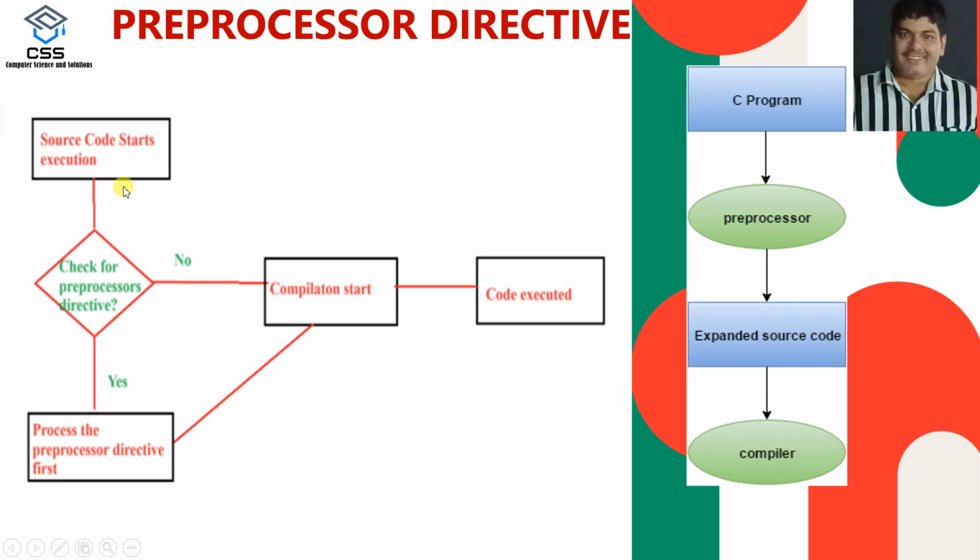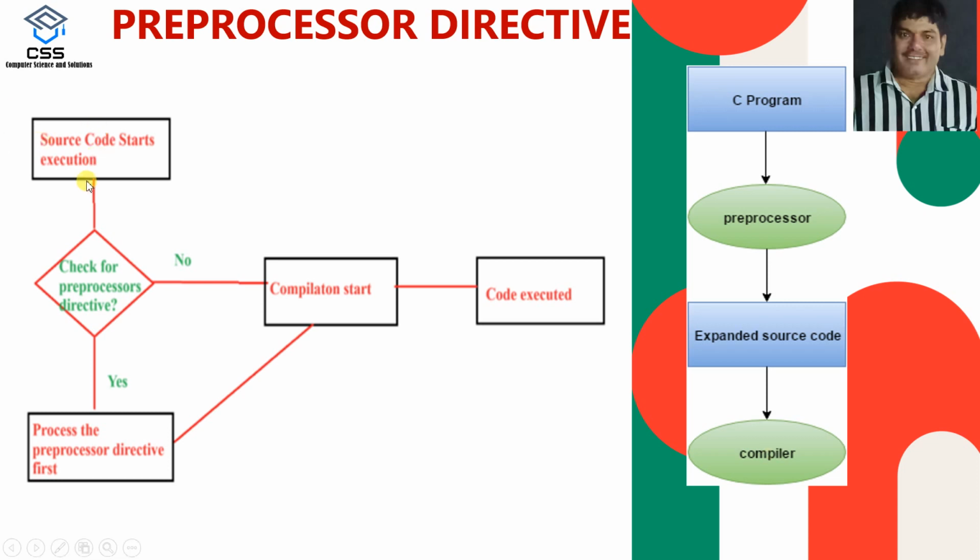How does the preprocessor work? Two diagrams are there. The first diagram is our program, what we have written, then the preprocessor which is written with a hash, then the source code. If the source code needs the preprocessor, it checks the preprocessor, then the compiler produces the respective object code and the program executes.